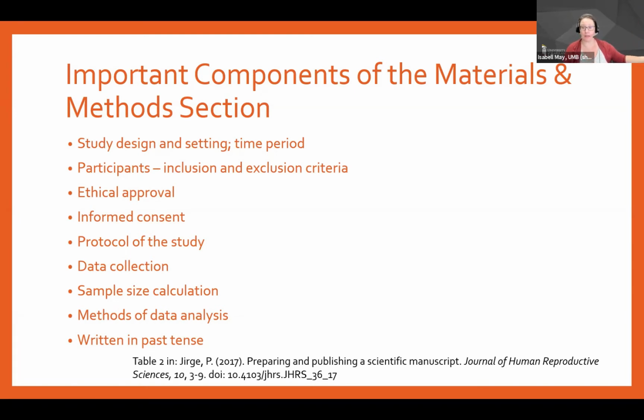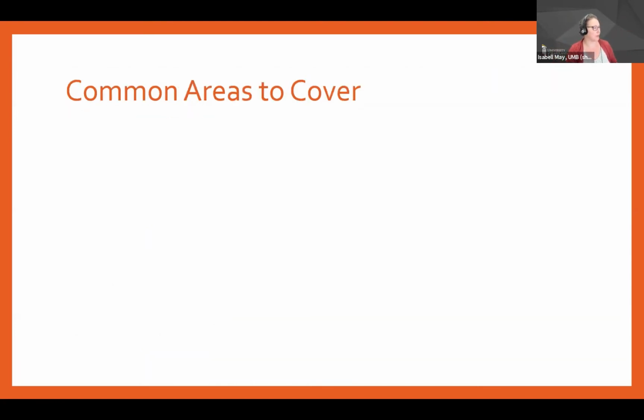None of this should really be surprising to you. Those are the common sections in the methods section. And most importantly, method sections are almost always written in the past tense when you're describing what you've done. There's a few moments where you can describe things in the present tense. I'll mention those in a sec, but it's all like, we did this, we sampled this. Past tense, pretty much all the way through.